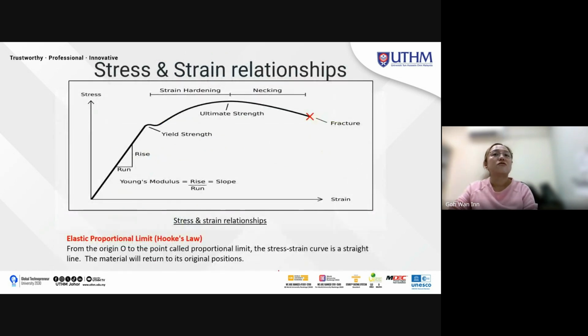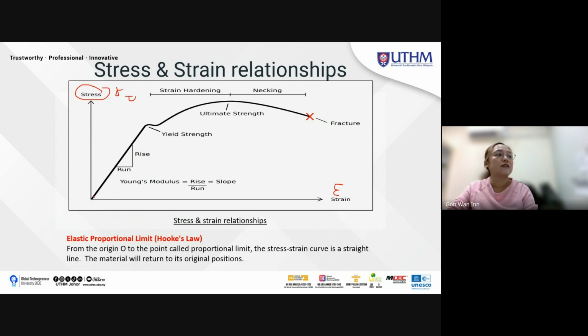Now we go to the stress and strain relationship. You have to learn the construction materials, so you will also learn the stress strain relationship. This is the stress, either P over A or tau, and this is the strain.